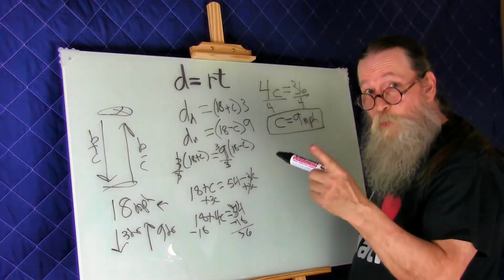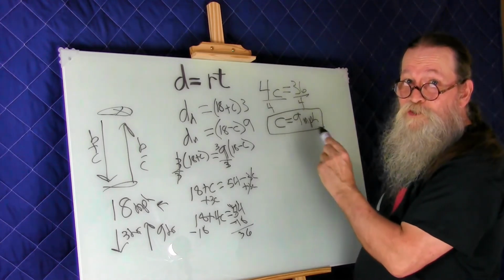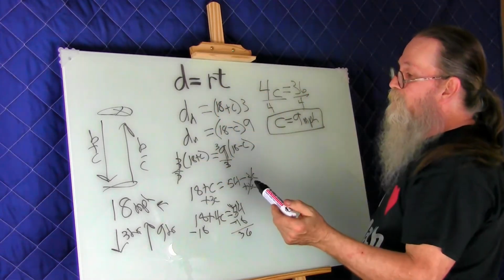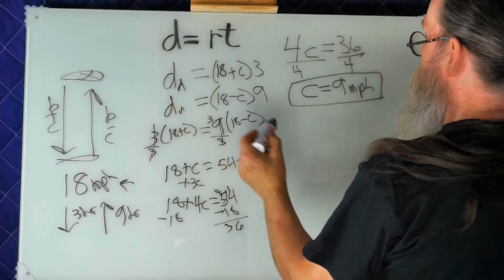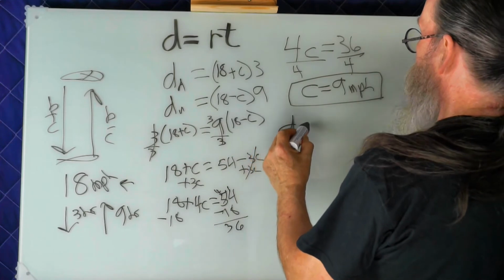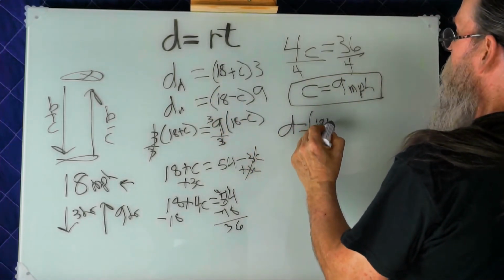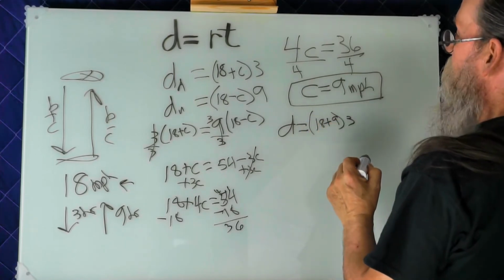Now, the other part of the question, it's always good to go back and read the question when you figure that you've got your answer, because they want the total distance. So if we take one of our distance equations, distance equals 18 plus 9 times 3.